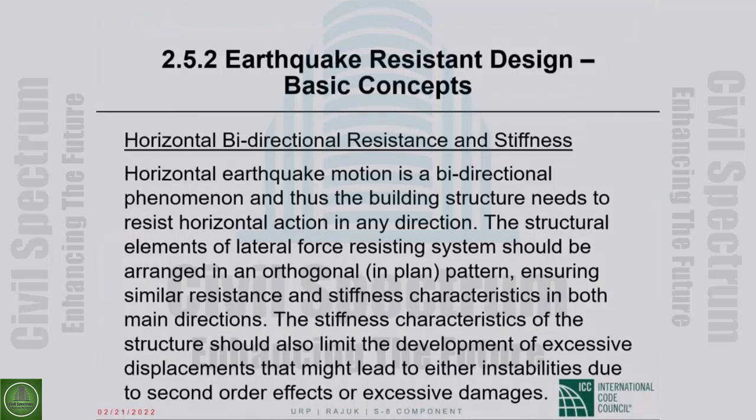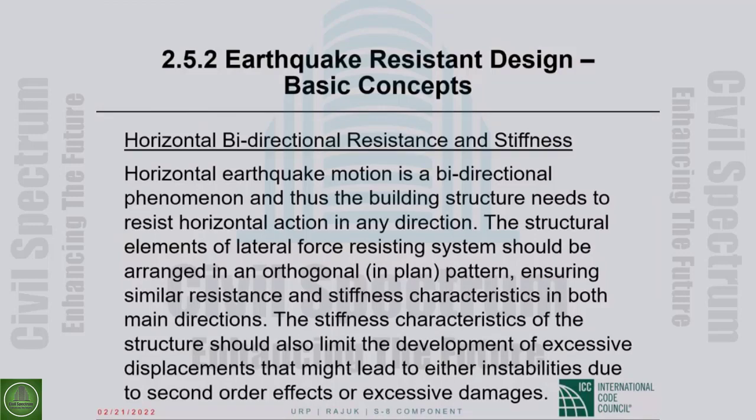The next item, this is also from section 2.5.2 of BNBC, horizontal bidirectional resistance and stiffness. So horizontal earthquake motion is a bidirectional phenomenon, and thus the building structure needs to resist horizontal action in any direction.